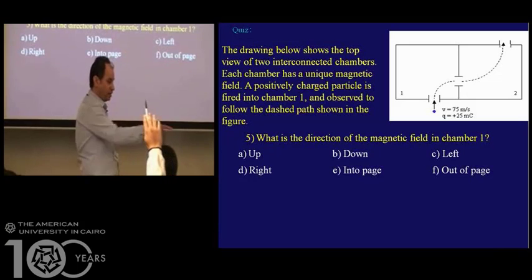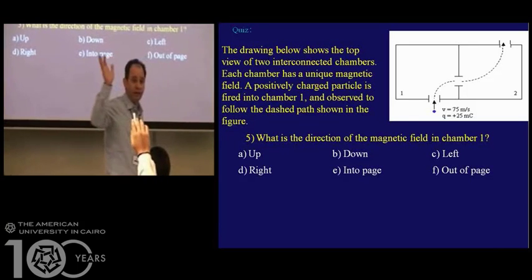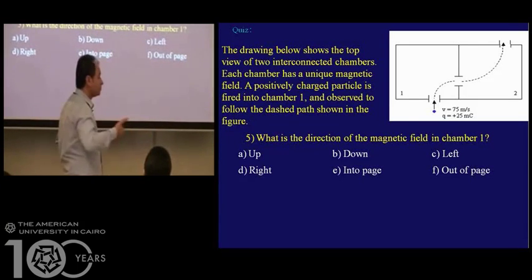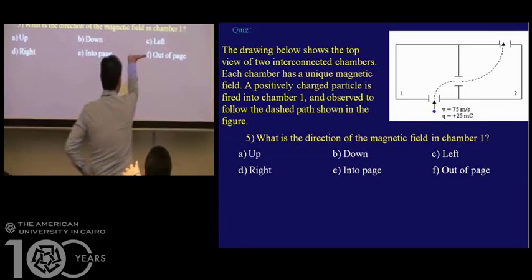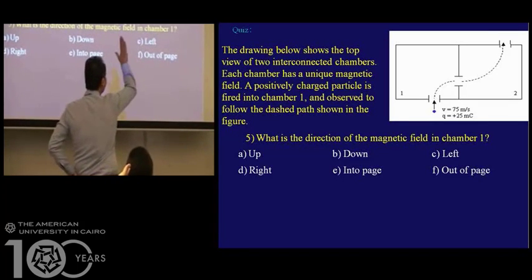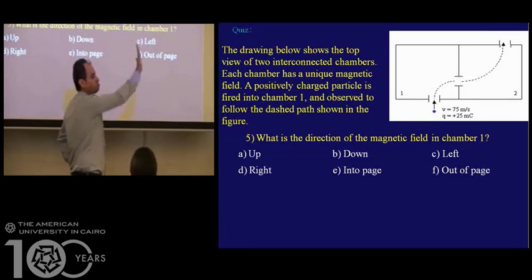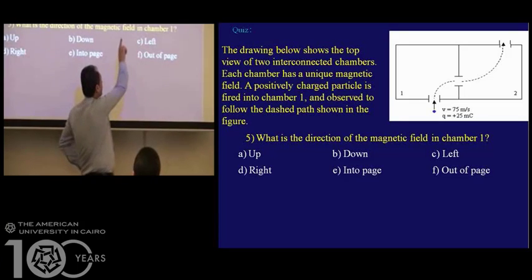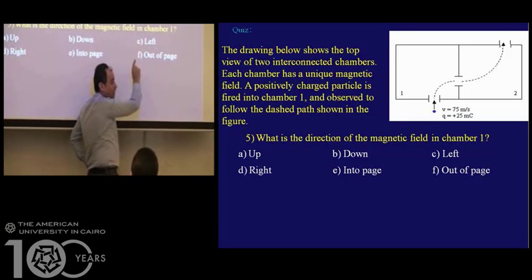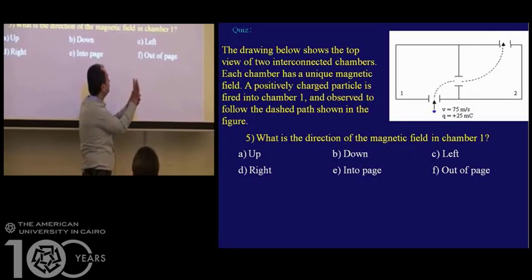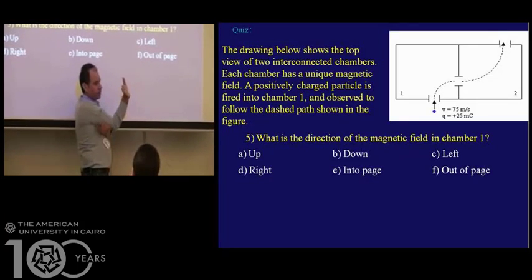Again, right hand rule, not left hand rule, right hand rule. Obviously, at the beginning, what is the direction of the force? Because it's actually going to bend that way. So at the beginning, this is the direction of the force. What is the direction of the motion? Up.